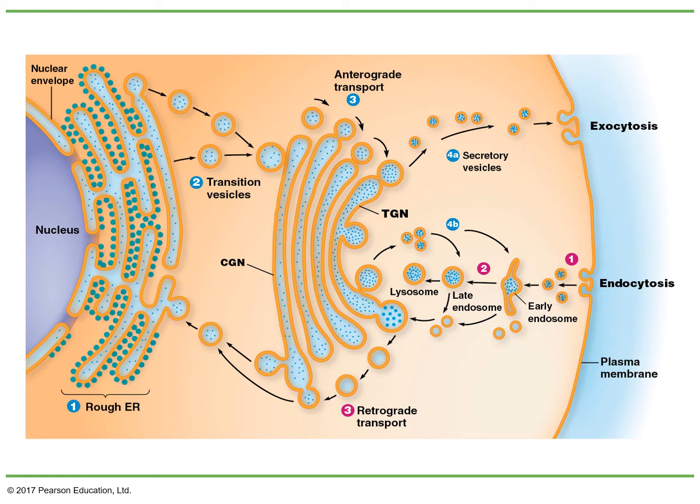In number 1, here, colored blue, as the ribosomes attached to the rough endoplasmic reticulum synthesize proteins, the proteins enter the ER lumen, where initial glycosylation steps occur. Glycosylation therefore occurs co-translationally. In number 2, transition vesicles carry glycosylated proteins to the CGN.